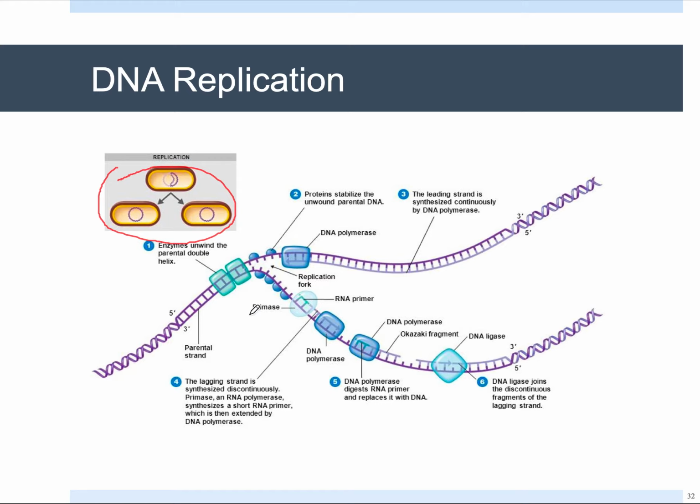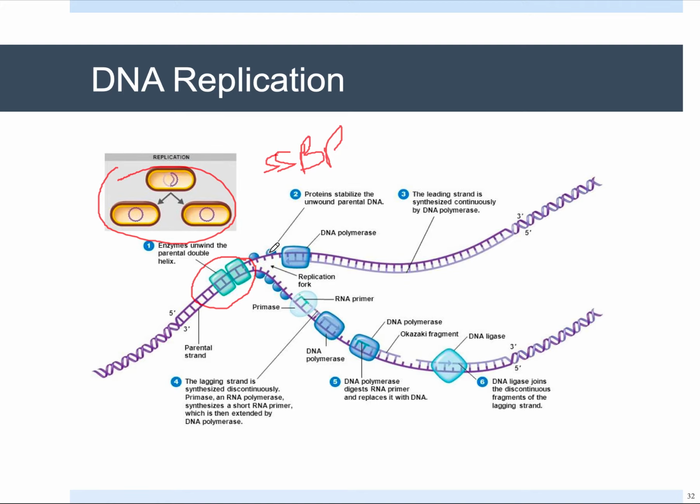But in the breakdown is this. So you have the supercoiling that is removed by topoisomerase, and then there's unwinding that is done by helicase. So helicase will do this unwinding. You have single strand binding proteins, SSBP.